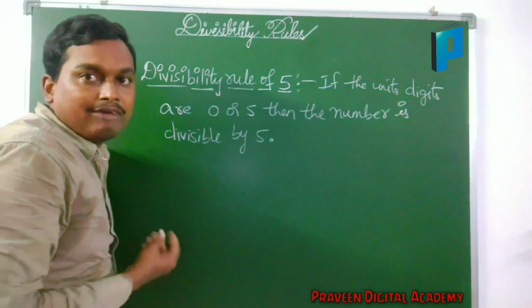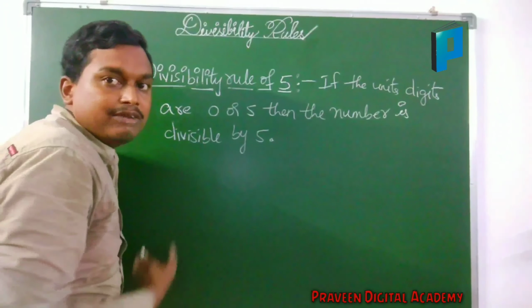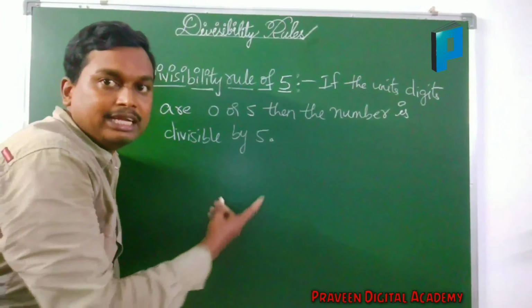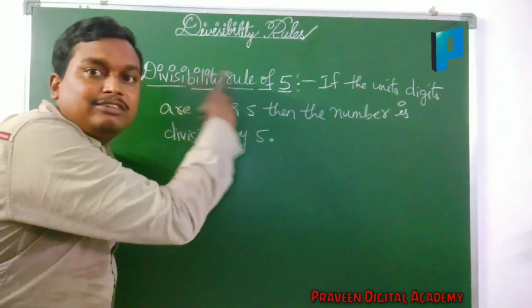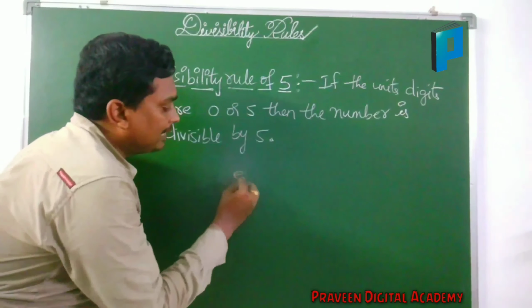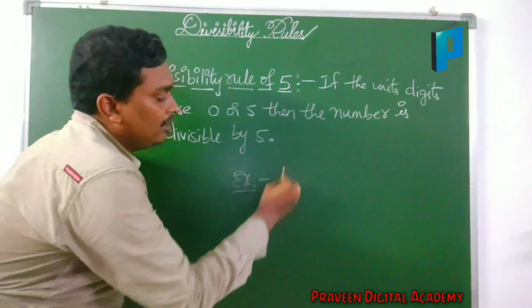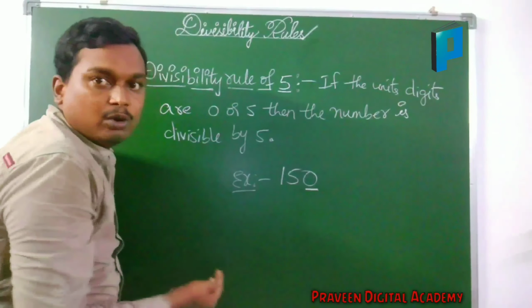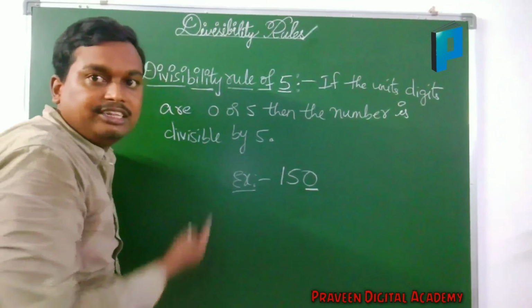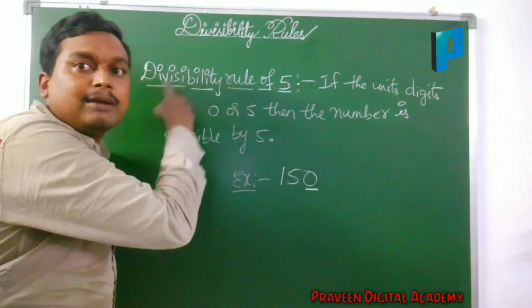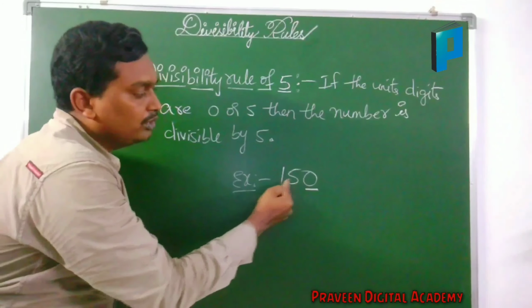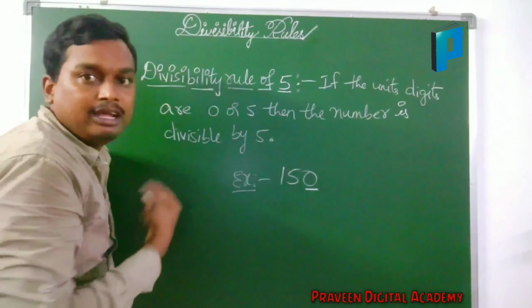Here, if you are having any number, if the number is having units place 0 or 5, then such type of number is divisible by 5. For example, if you are having 150, what is the unit digit here? 0. If the unit digit is 0 or 5, then the number is divisible by 5. And here the unit digit is 0. So this 150 is divisible by 5.